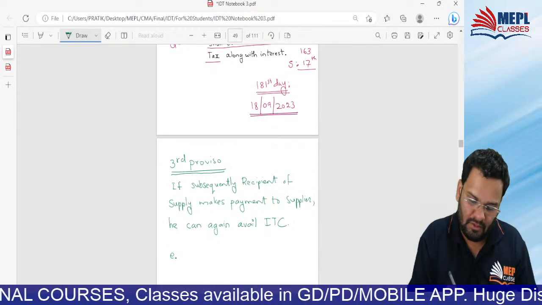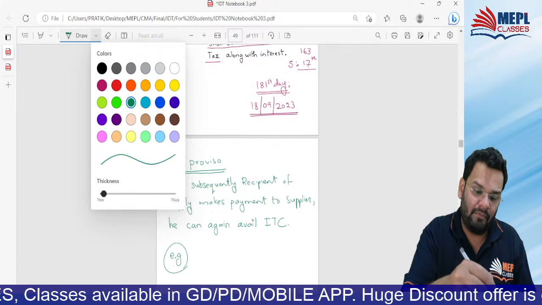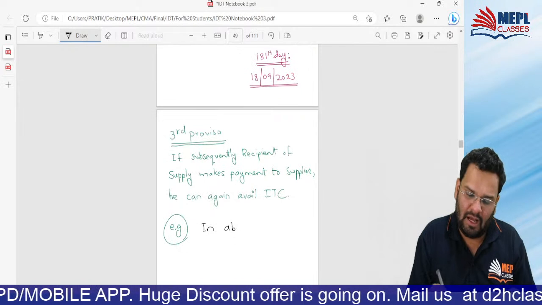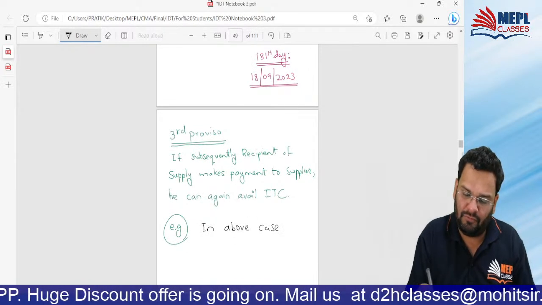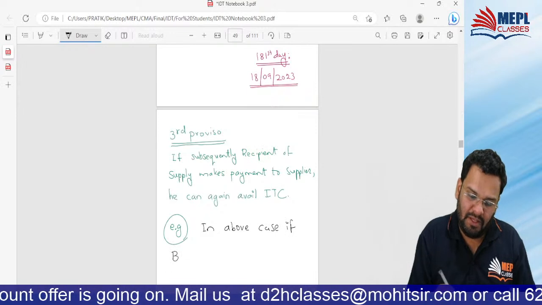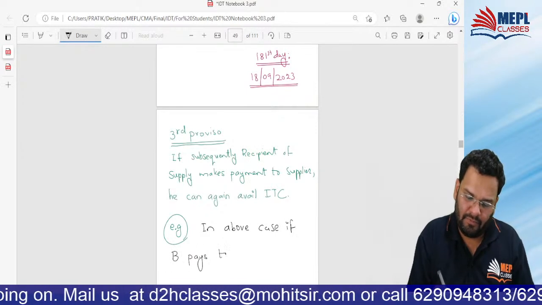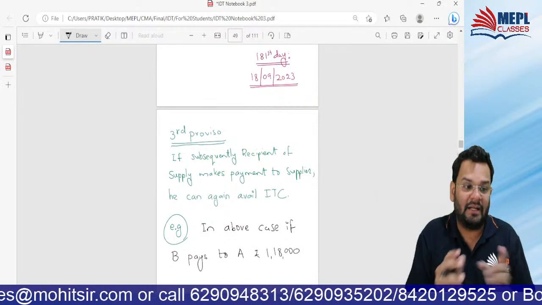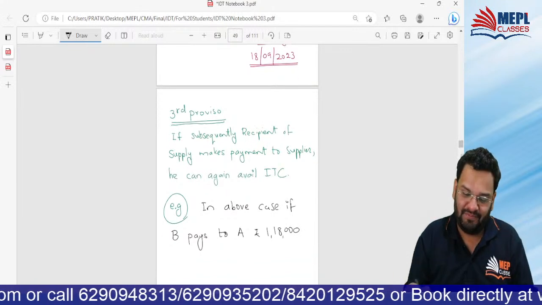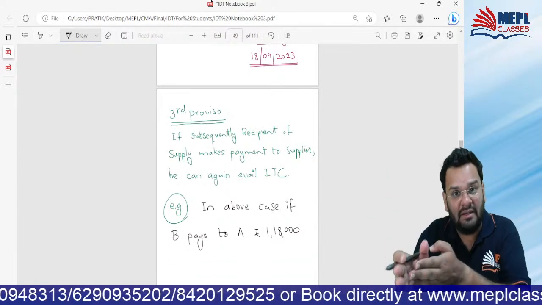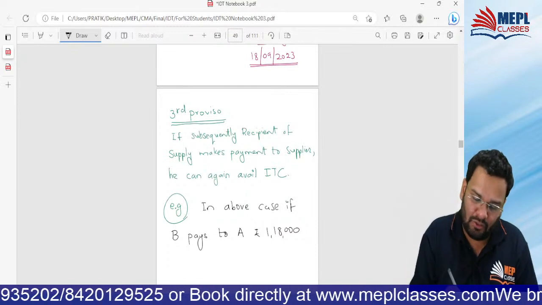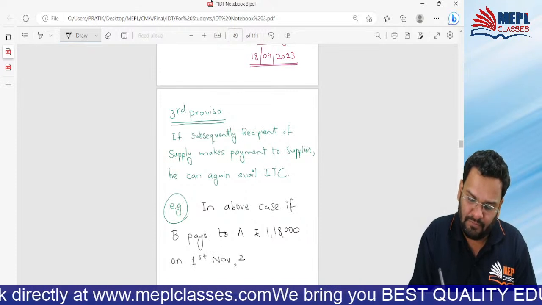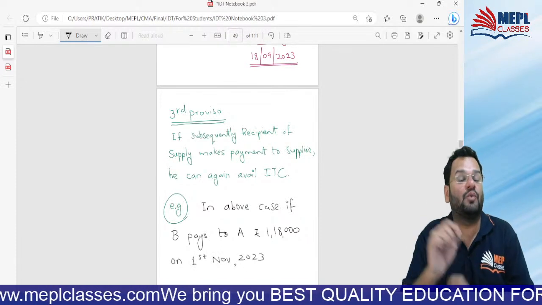So example, now in the above case, if B pays A rupees 1,18,000, that is value plus GST, on 1st November 2023, then what will happen?